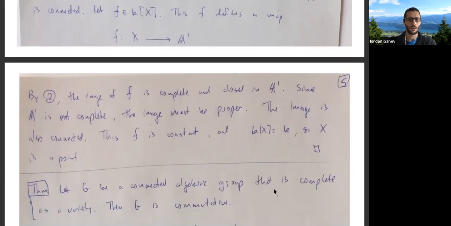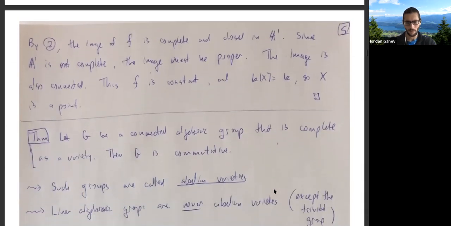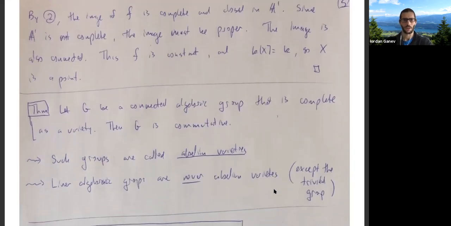So you may be wondering, I also have this theorem, which again I won't prove: if we have a connected algebraic group that's complete as a variety, and since this is a course on algebraic groups, you may be wondering what the algebraic groups that are complete are, then the theorem asserts that this variety must be commutative.